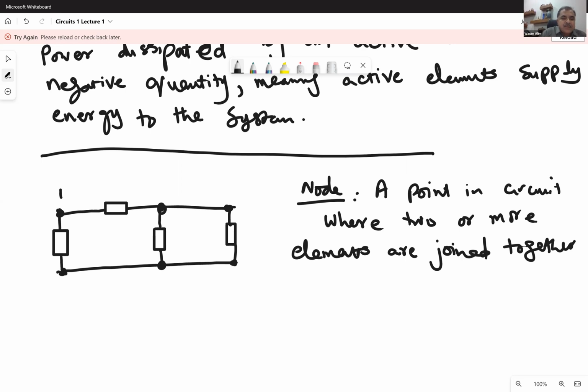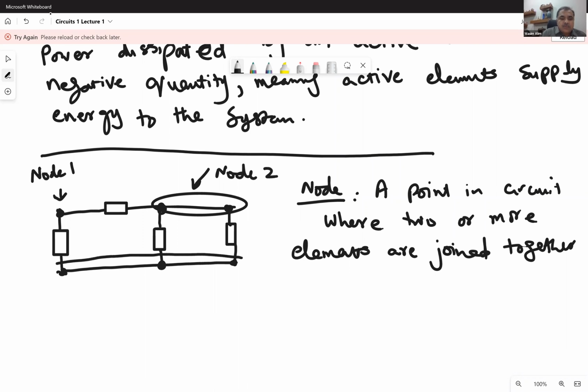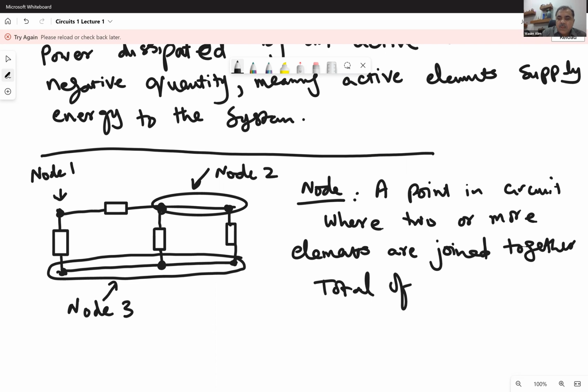So we can say this is node 1, this is node 2, and this is node 3. So there are a total of 3 nodes in this circuit.